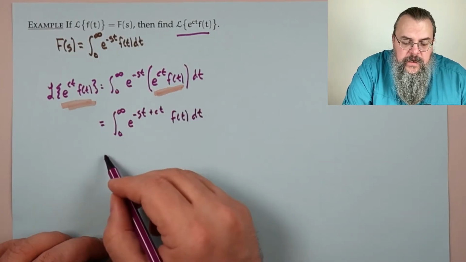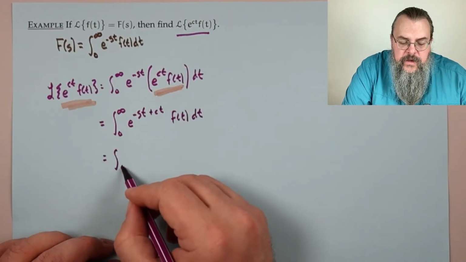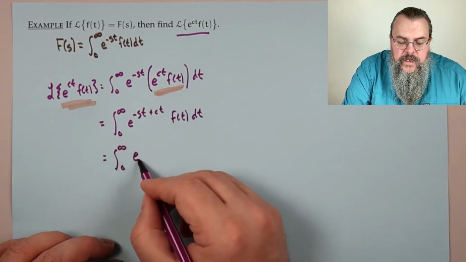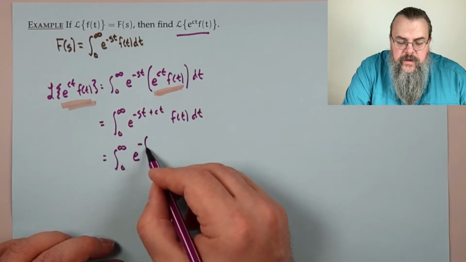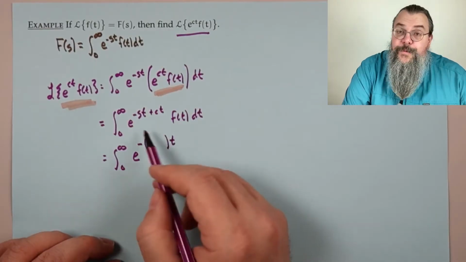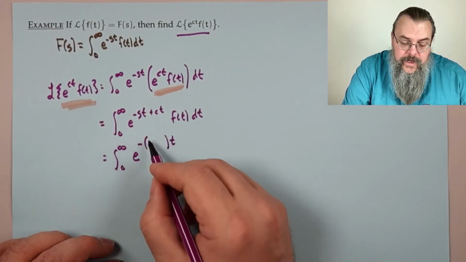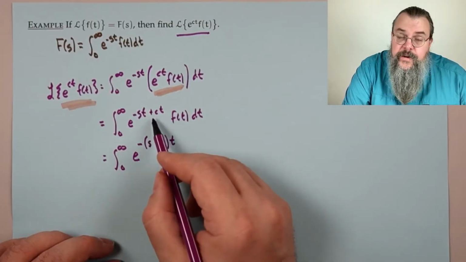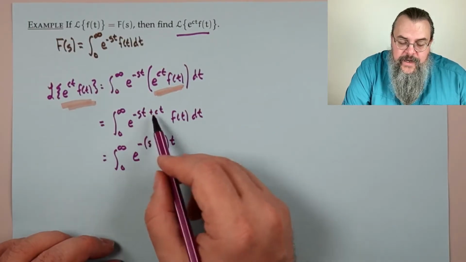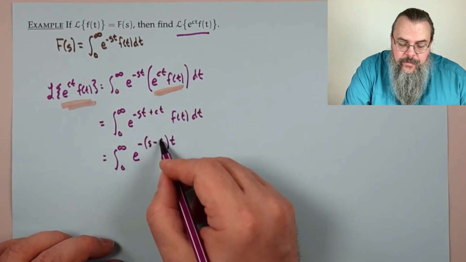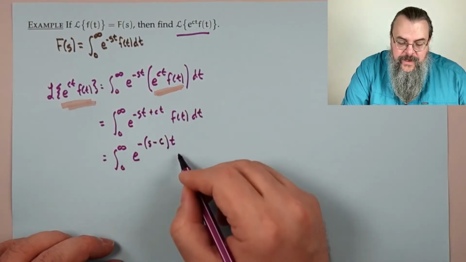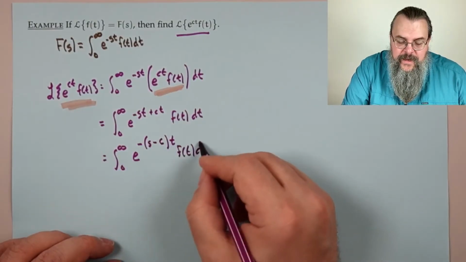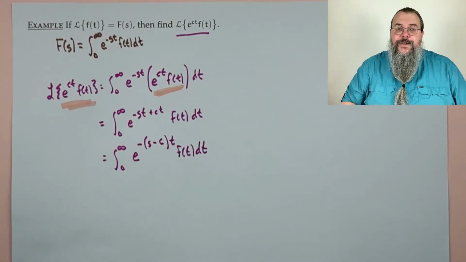All right, and we'll say integral 0 to infinity e, and I'm going to write this by pulling out the t and pulling out the minus. So we have s, and here's the fun part, pulling a minus out of a plus leaves us with a minus c.